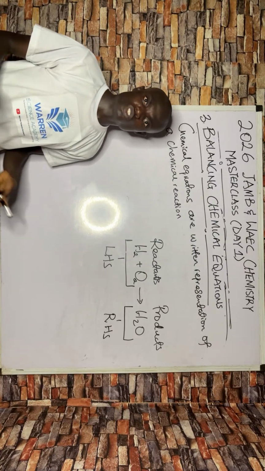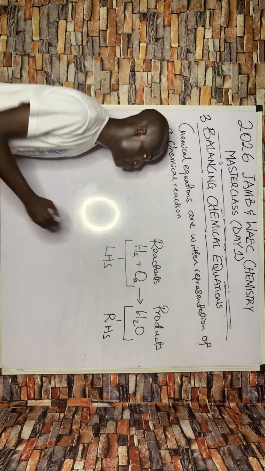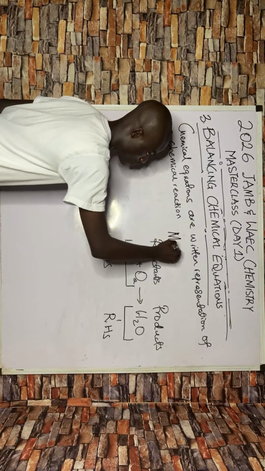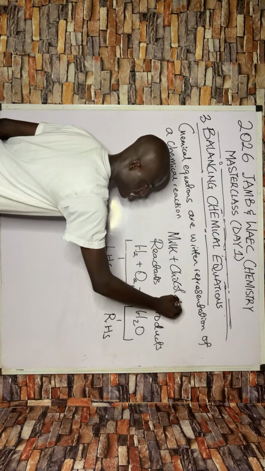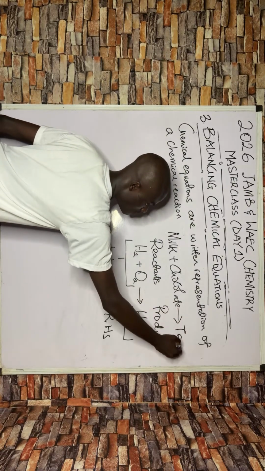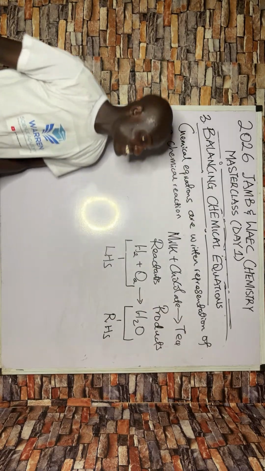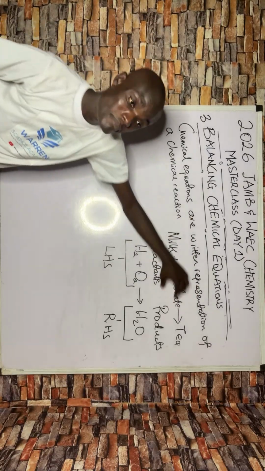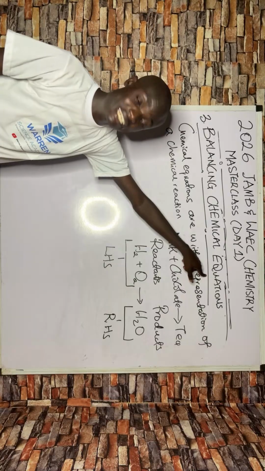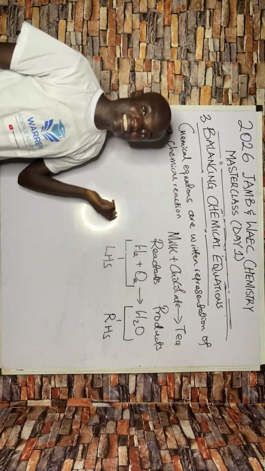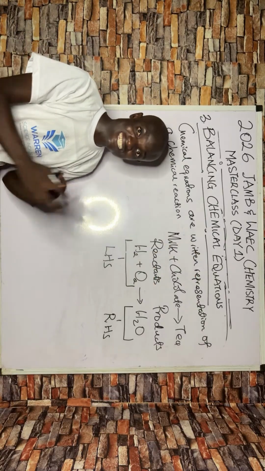A good example is just when you make tea. I take milk and I take chocolate, and then I mix them together and I end up having tea. So this is what we mean by a chemical reaction. In the written form, it becomes a chemical equation. On the left-hand side, we have what we call reactants, what is reacting together.